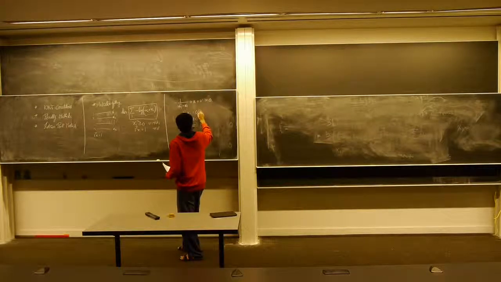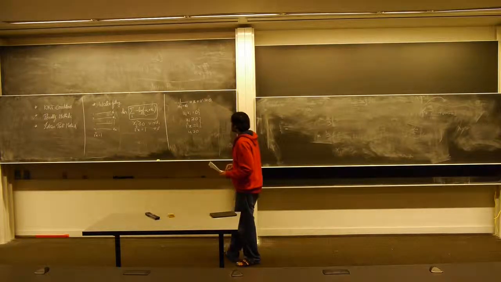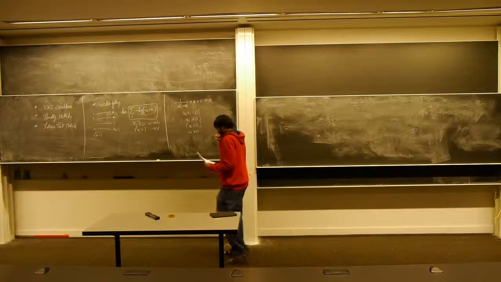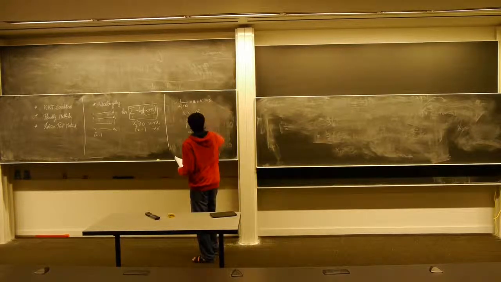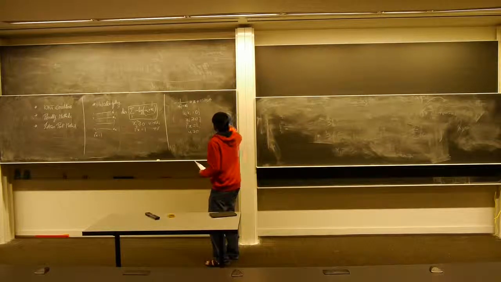Feasibility, of course, you want x_i greater than or equal to 0 and the sum equal to 1. So I just wrote down the KKT conditions for the problem.